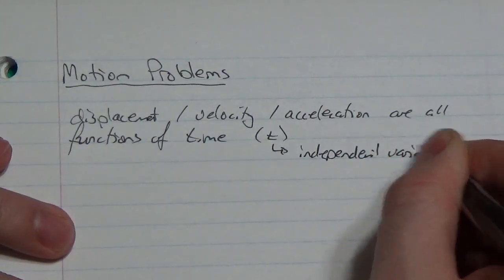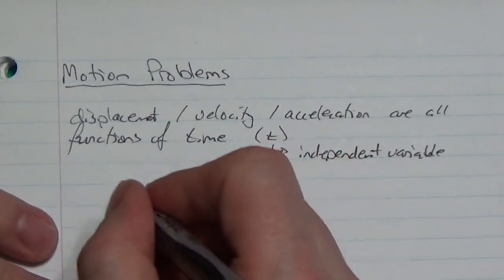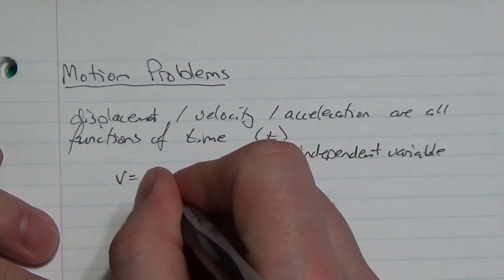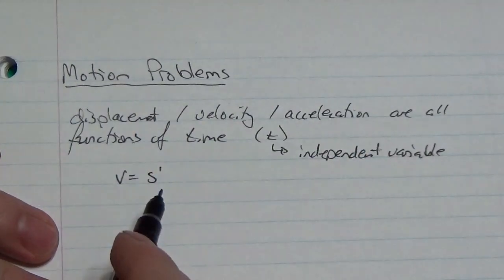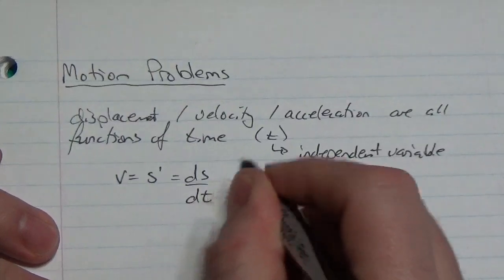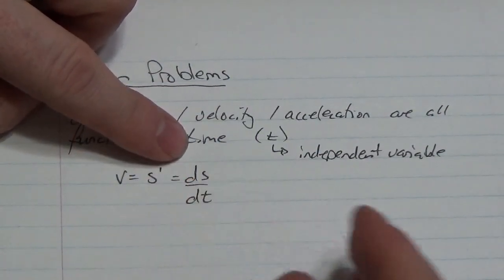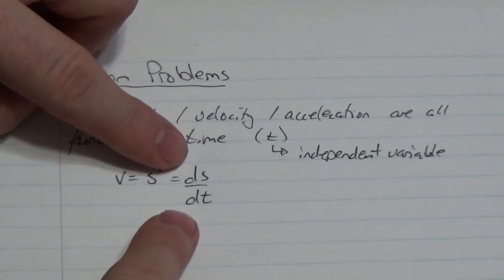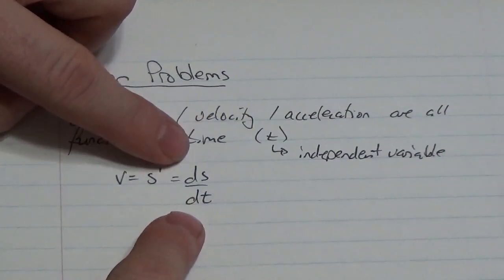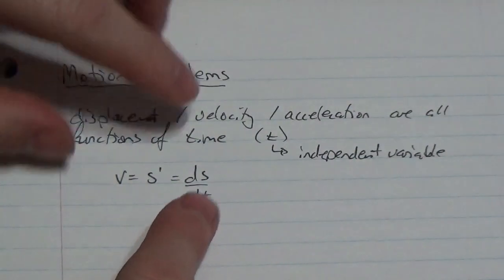Now, what we noticed earlier in this course here is that velocity is equal to the derivative of displacement. And that is the derivative with respect to time. And you're going to see in this particular chapter, as we move further through this, that this notation is going to become more useful than we maybe have thought about it in the past.